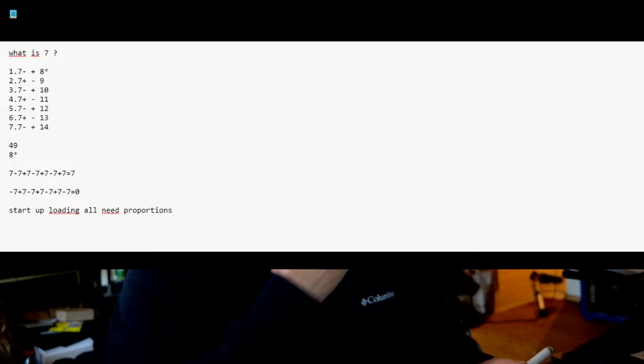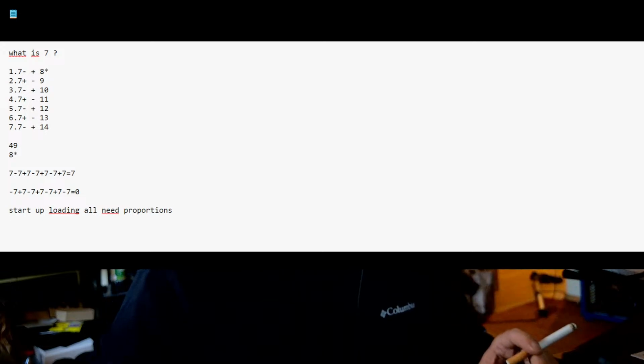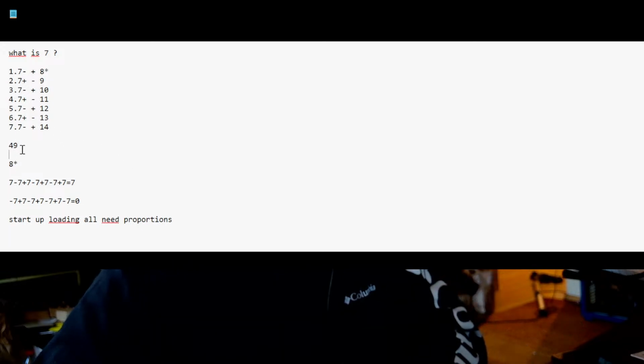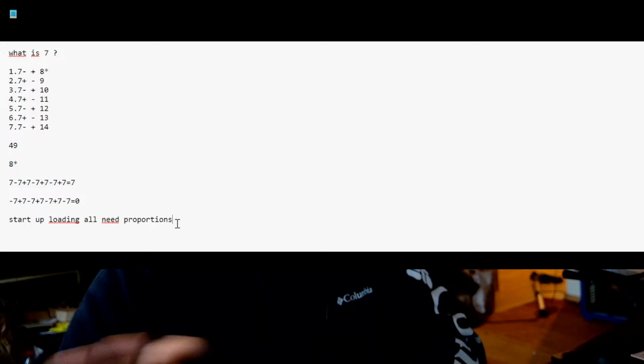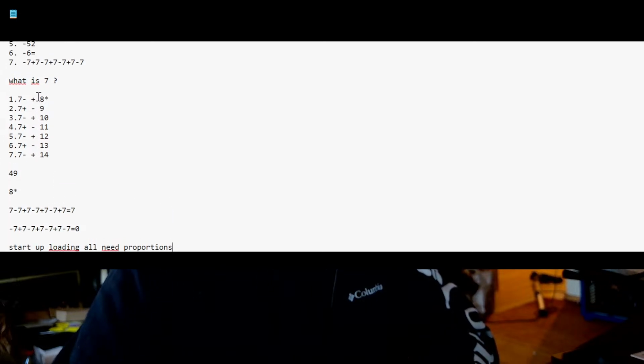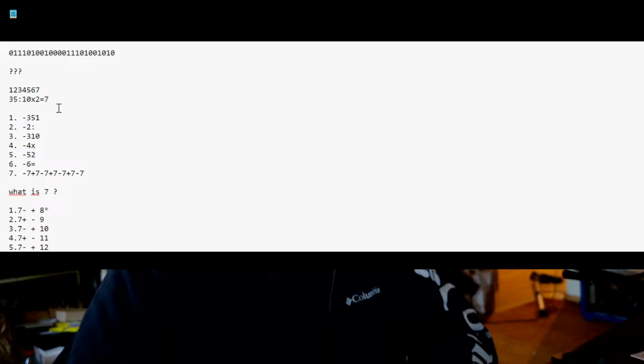This is loading all needed proportions. So there we began in the end on the first. This is the twice. The 8 star is also invited in this process. This means only when you drop over it, it begins to work also. So you don't have to understand what I'm talking about in the real, because this is maybe too high actually.